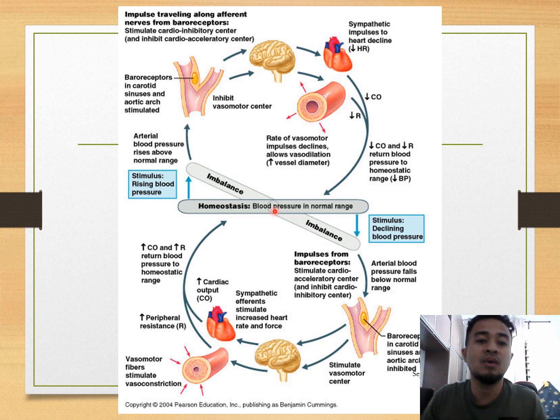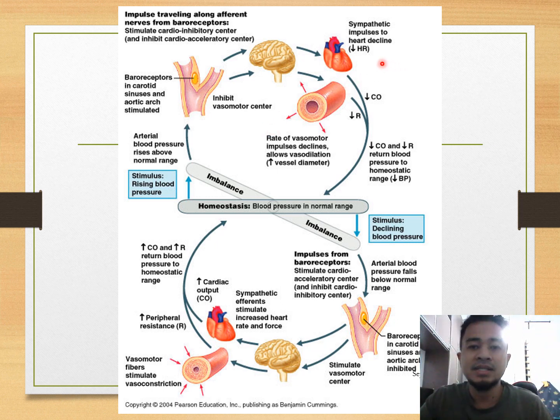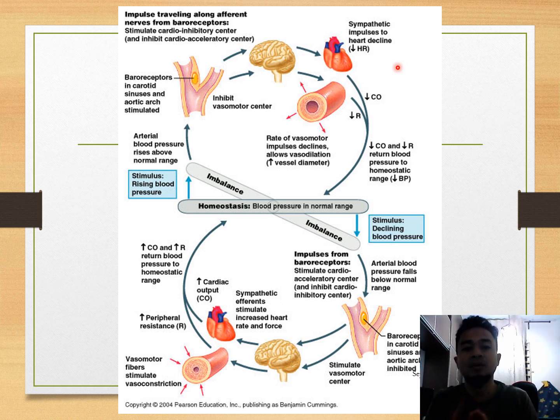So our arterial blood pressure rises above the normal range, and then look, our baroreceptors in the carotid sinus and aortic arch are stimulated. So they give signals to our brain, which inhibits the vasomotor center, causing the sympathetic impulses to the heart to decline. Our heart rate, HR, declines, right?